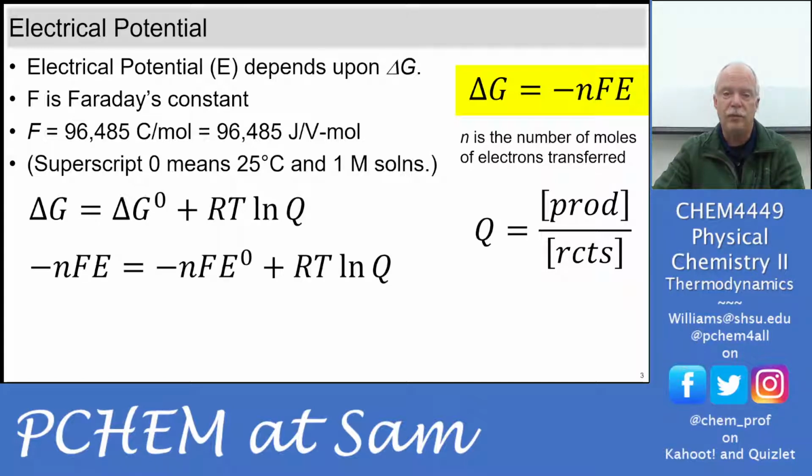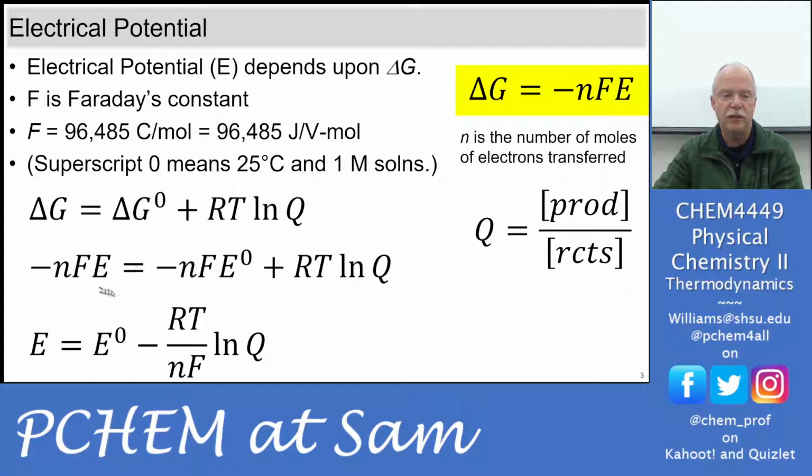Now we can put our nFE in here and RT ln Q. We have this standard cell, and then we have the actual voltage at these concentrations. This is rearranged: we divide everything by the number of moles of electrons and the Faraday constant, and then we end up with this equation, which is like the Nernst equation, only the Nernst equation uses a log base 10.